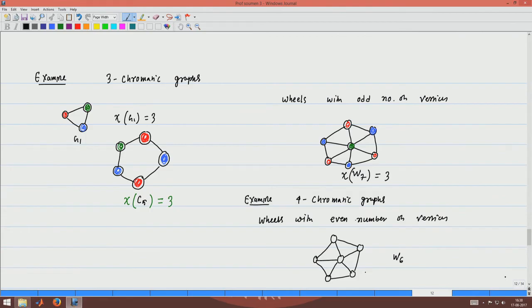Now, you try to color this one, maybe red here, and then you can use red here also. That is all. Now, next you have to use another color, blue here, you can use blue here, no problem. But for this vertex you can't use red or blue, you have to use another color, green.